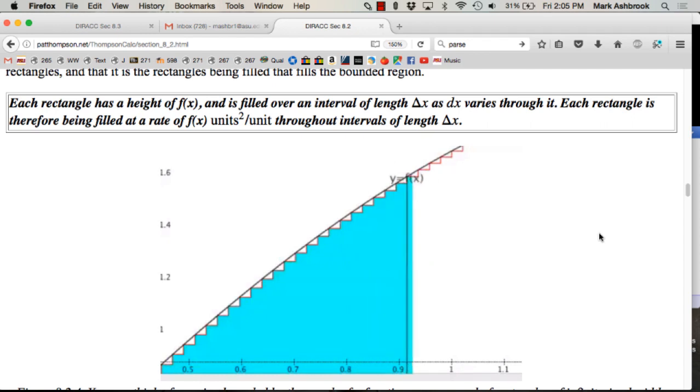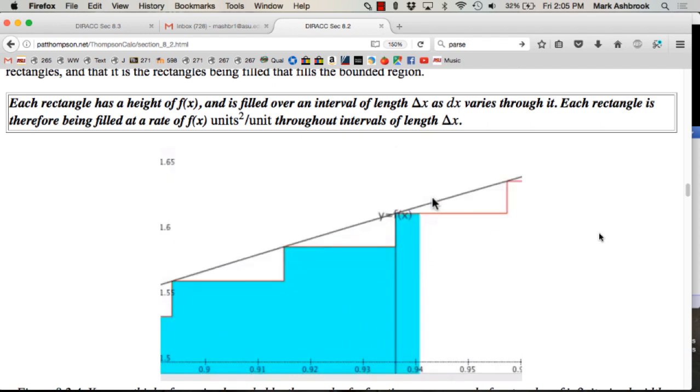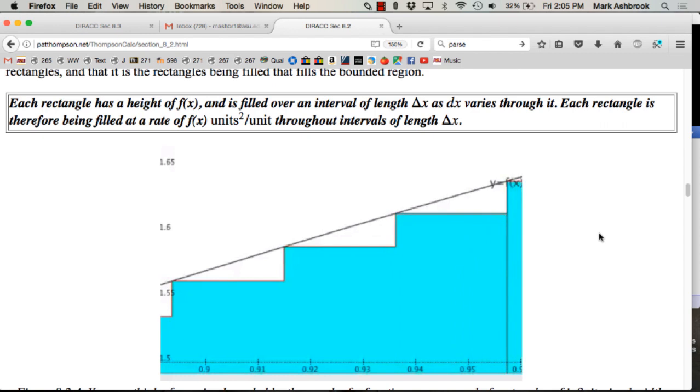We're looking in the current interval. We needed that constant rate of change for that whole interval. If we were looking at signed area for the function f of x, what was the rate of change in the current interval? The value of the function, right? The height of the rectangle. So right now the rate of change is about 1.63.